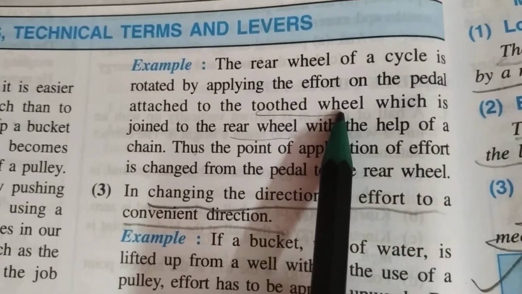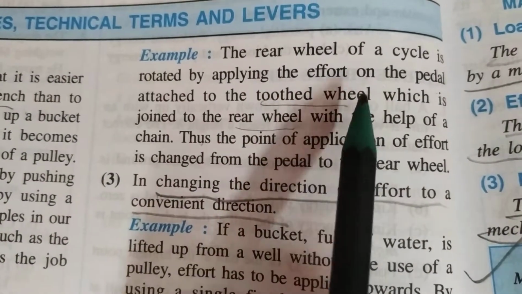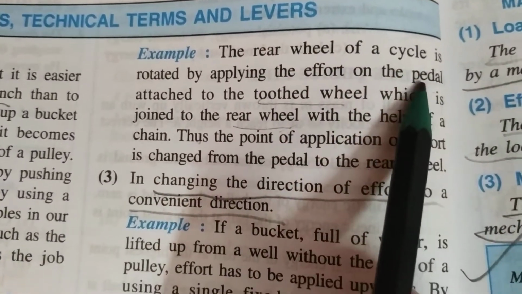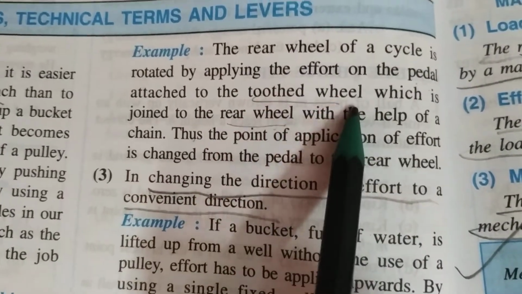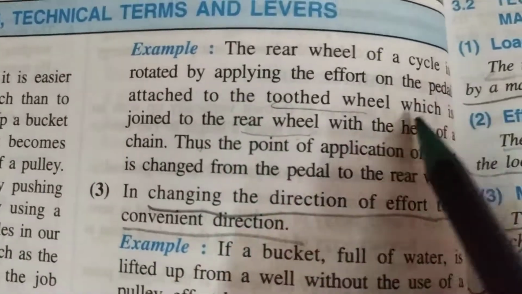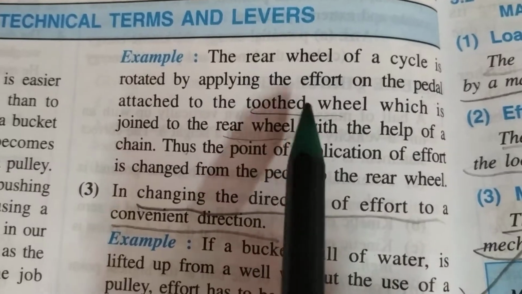That toothed wheel is also called a gear. That gear transfers the effort applied to the rear wheel. You move the pedal with your foot, but with the help of that chain and toothed wheel system, which are acting as a simple machine, the rear wheel of the bicycle is moved.